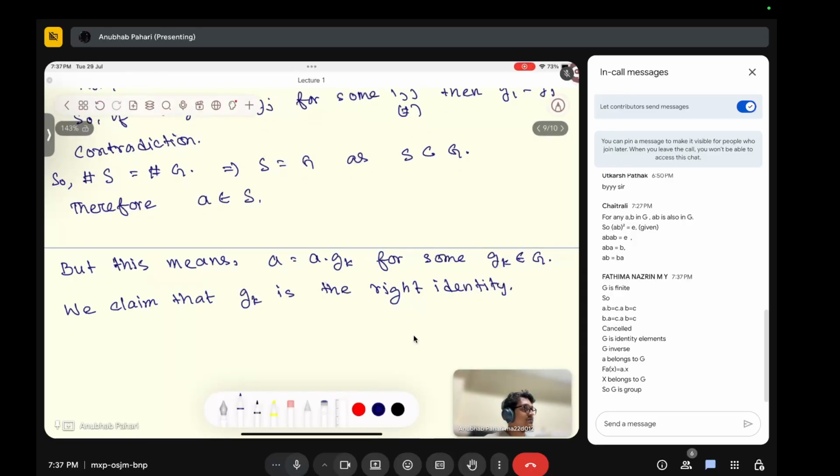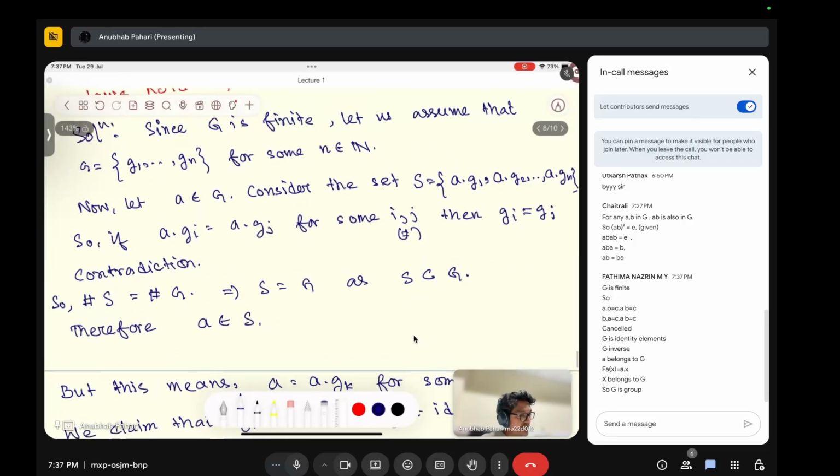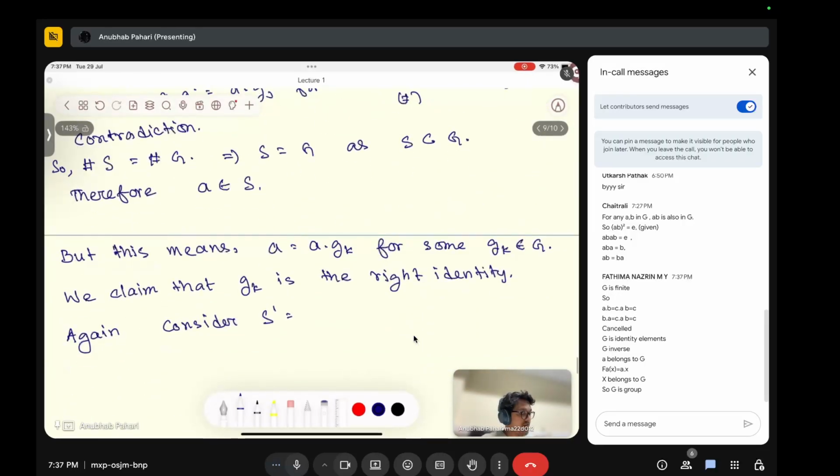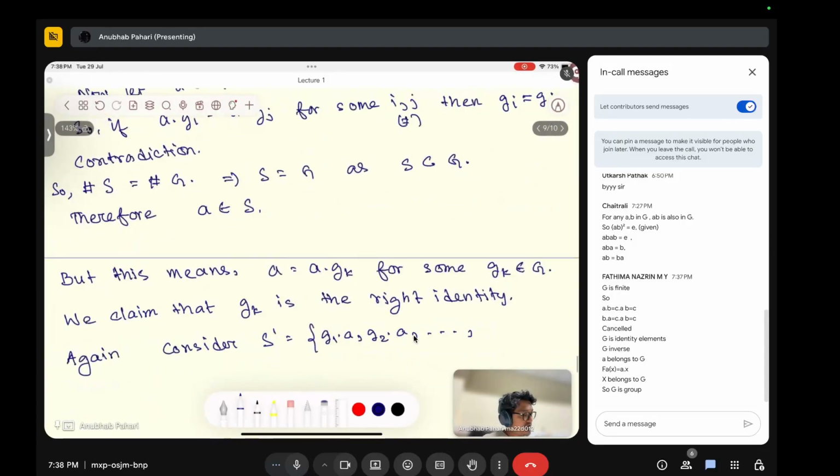Now again consider S prime as g1 dot a, g2 dot a, up to gn dot a.